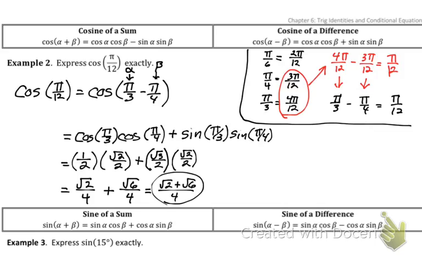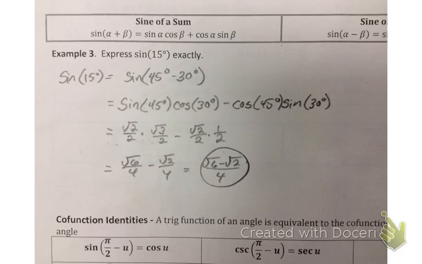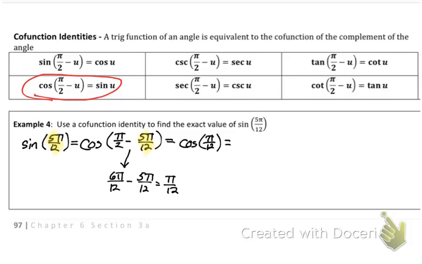15 degrees. Cosine of pi over 12 is square root of 2 plus square root of 6 over 4. All right, I'm not going to have a problem where you do the cofunction to this, but that's where I got that answer from. So that equals square root of 2 plus square root of 6 all over 4, and that was just from example, and I would put this down in my notes, example 2.